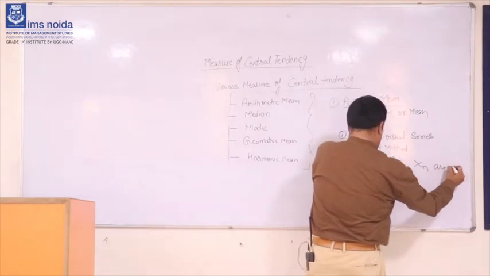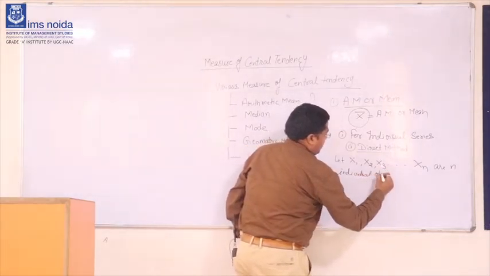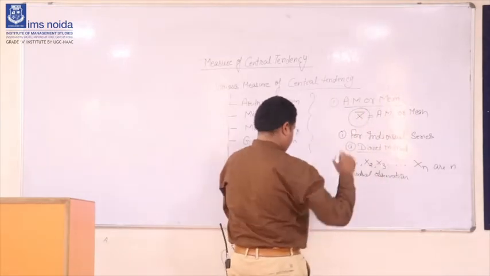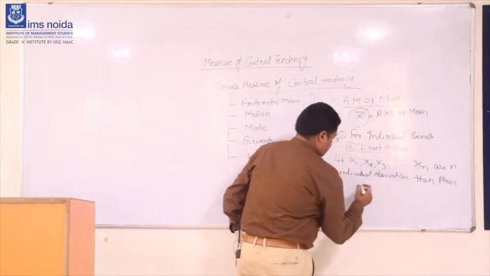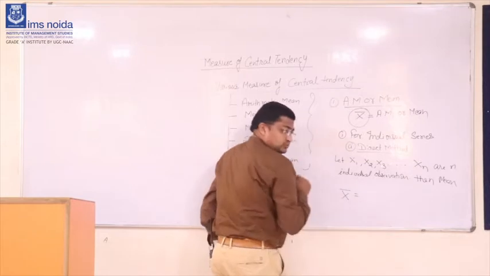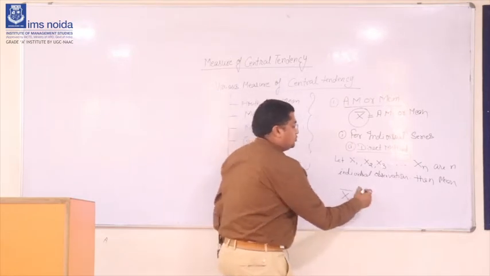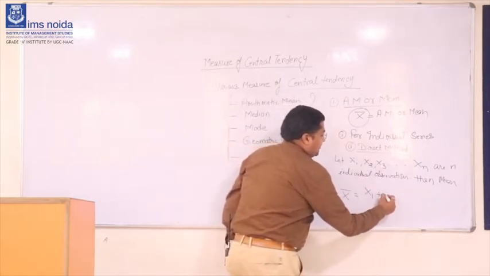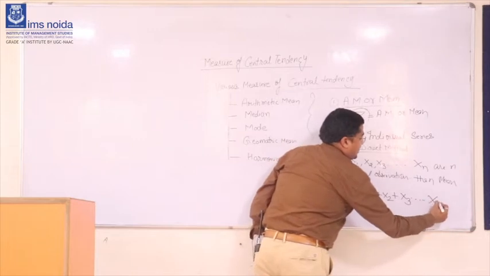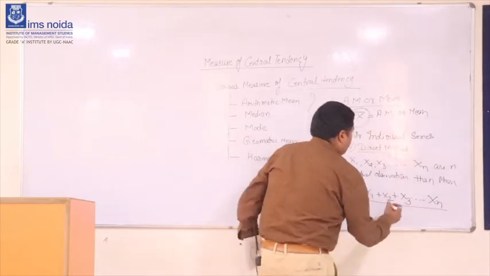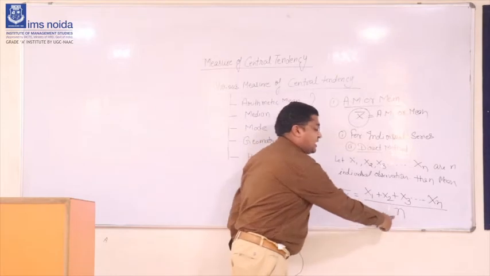If there are n individual observations, then mean x bar equals, x bar represents arithmetic mean or mean, x bar equals the sum of the observations x1 plus x2 plus x3 and so on up to xn divided by the total number of observations, represented by n.